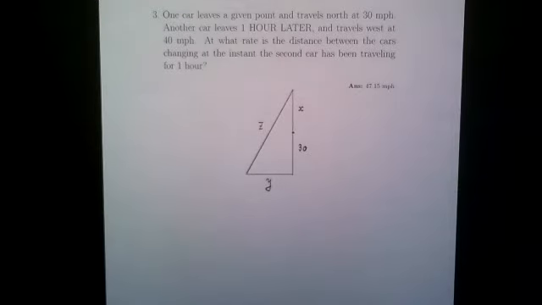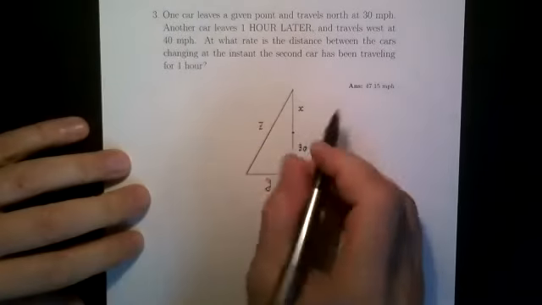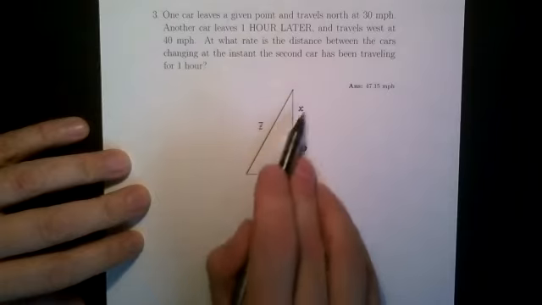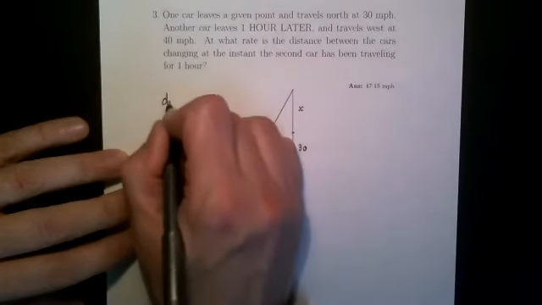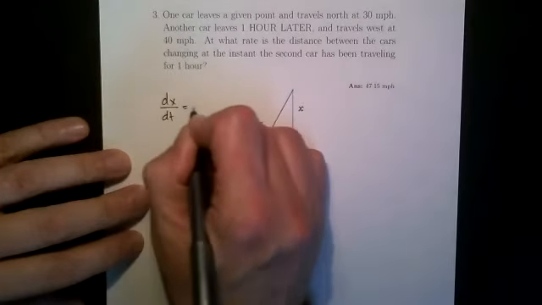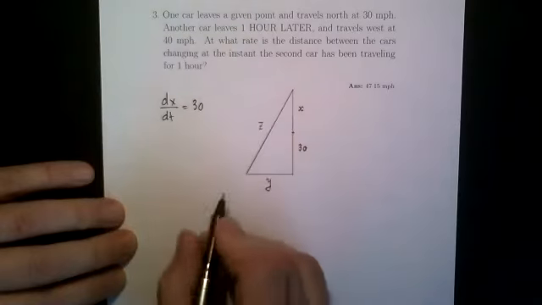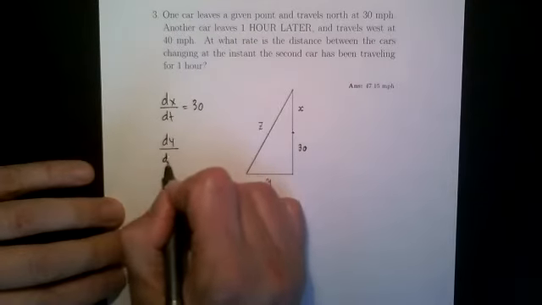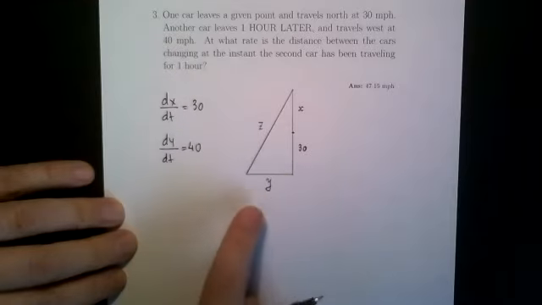Okay, so let's see what we know. We are given that distance X is increasing at 30 miles per hour, so dx dt is equal to 30. And we know also that dy dt is given to us as 40.